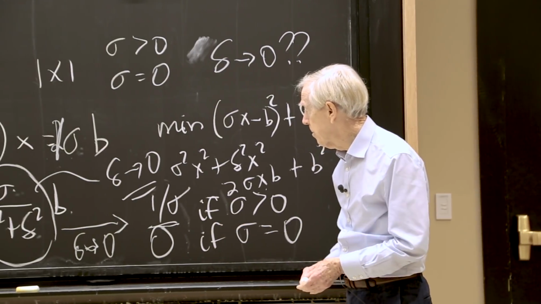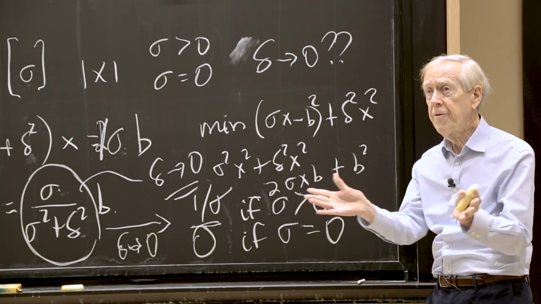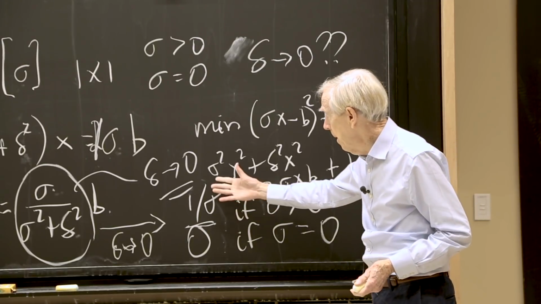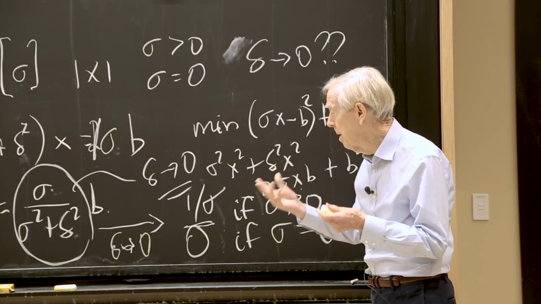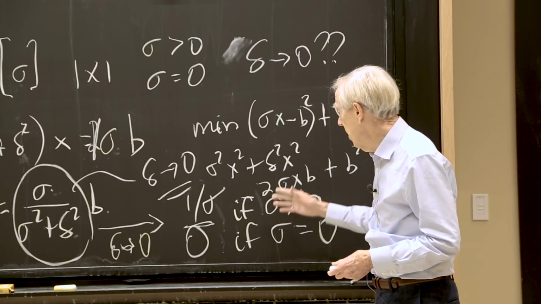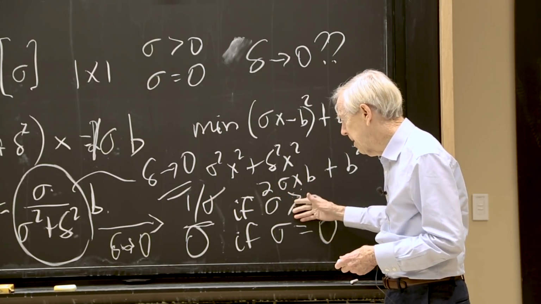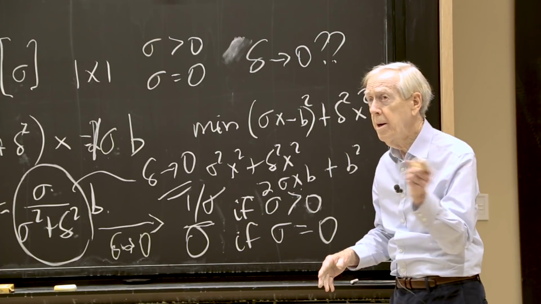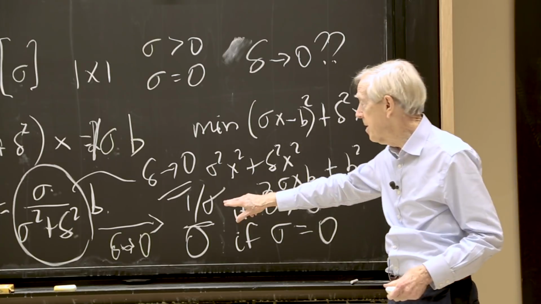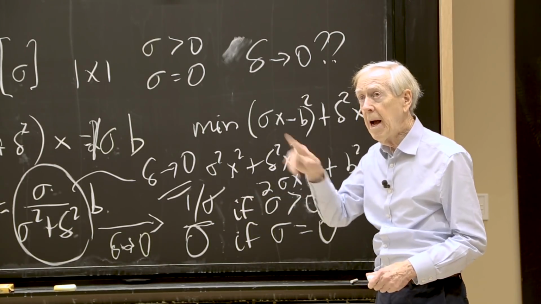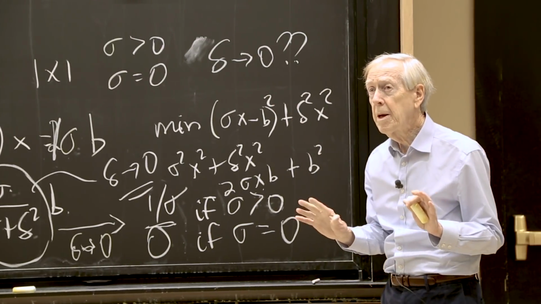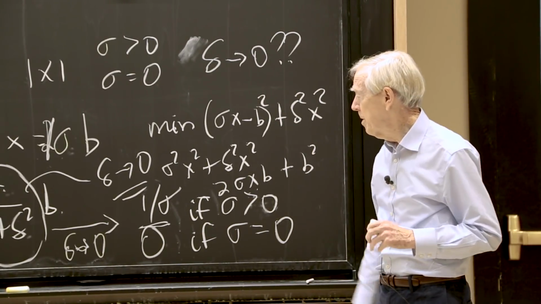What is this sudden bifurcation? Do I recognize this? The inverse in the limit as delta goes to 0 is either 1 over sigma, if that makes sense, or it's 0, which is not like 1 over sigma. As sigma goes to 0, 1 over sigma is getting bigger and bigger. But at sigma equals 0, it's 0.